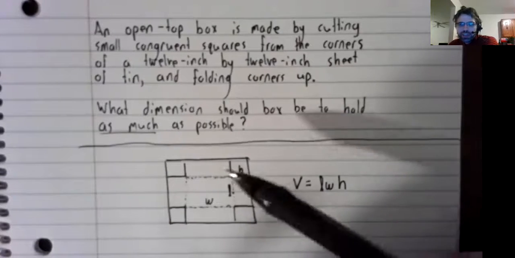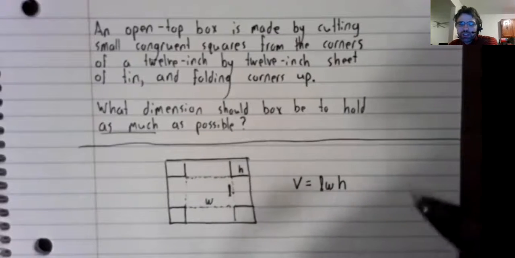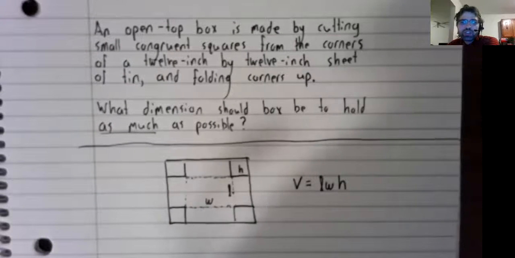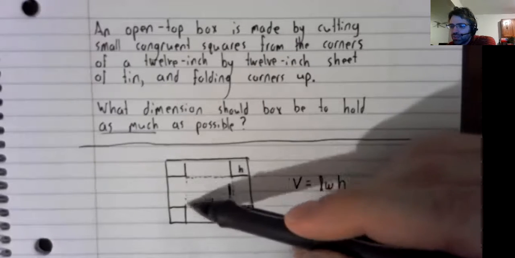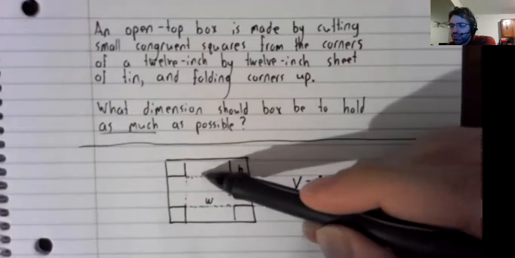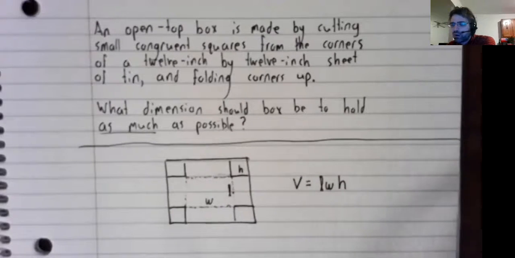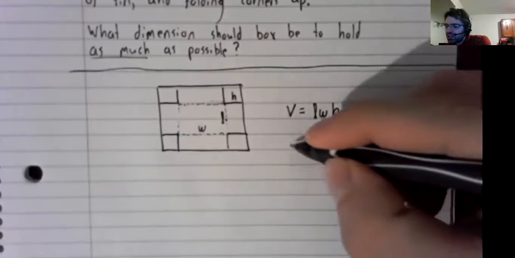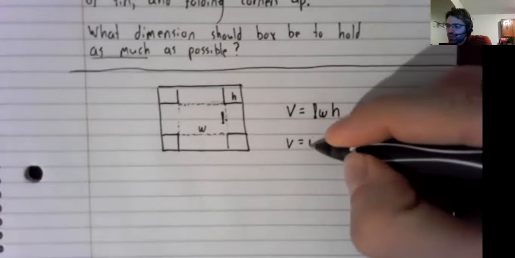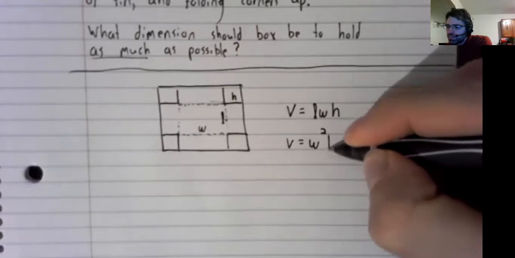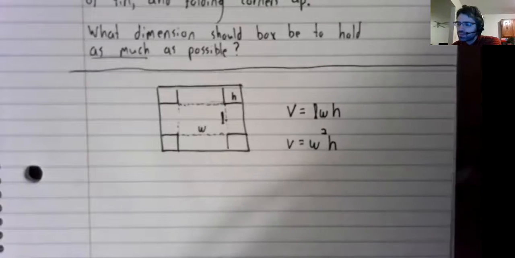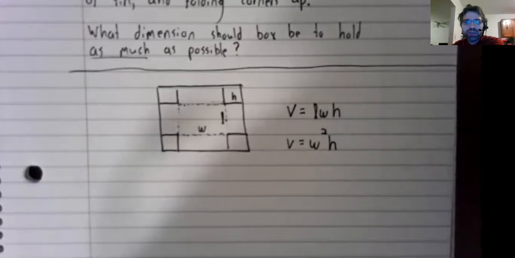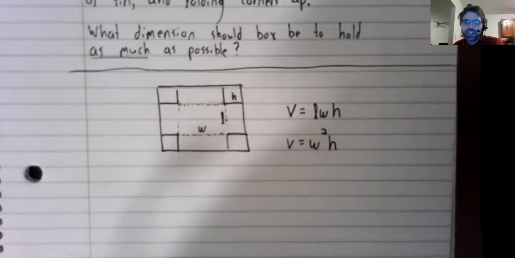First of all, I know it doesn't really look it in the picture, but we started with a square and we cut these squares out. This inner shape is a square. So the width and the length are equal. And we can get this down to 2 variables.